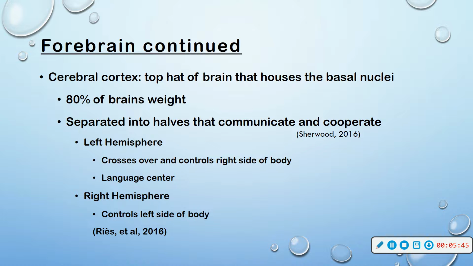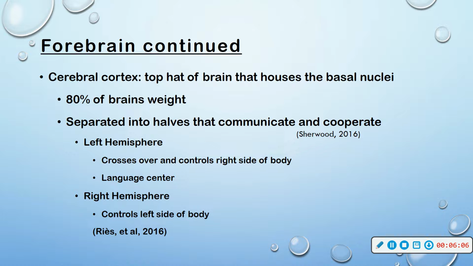There is a lot involved. It is the majority of the brain. It makes up 80% of the weight. The top half of the brain is separated into two halves, and those two halves are connected. So even though it's split, they are still connected.